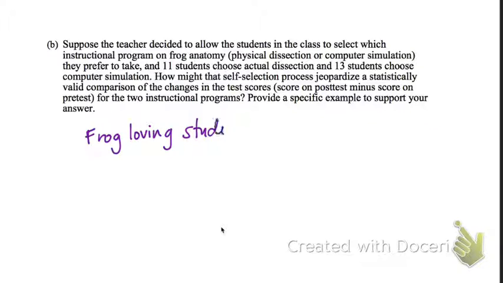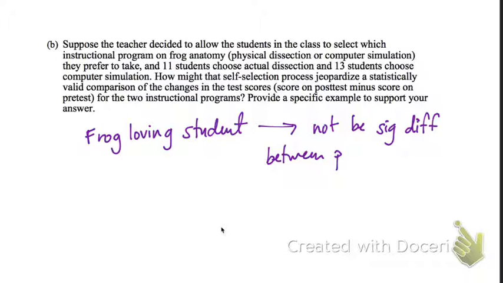They self-select. There will not be a significant difference between pre and post. So if they self-select, there may not be a big difference. It's not accurately depicting the difference.